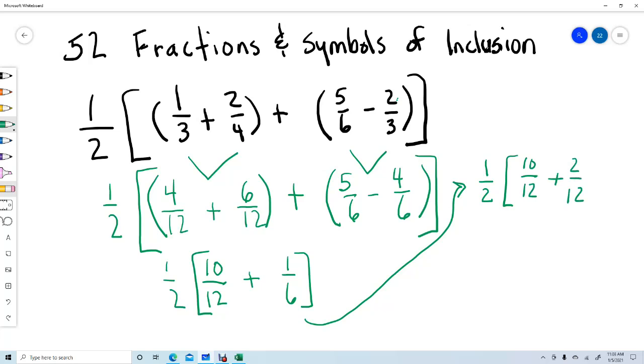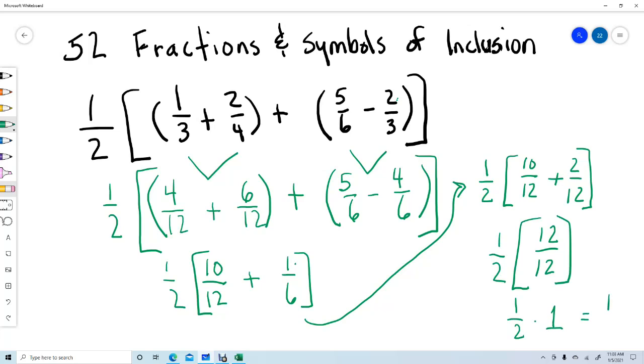I multiplied 6 by 2 to get to 12, so I have to multiply 1 by 2 as well. Okay, second to last step, 10 twelfths plus 2 twelfths. Oh, how about that? I actually didn't work this first. I just made it up. It comes out to 12 twelfths, and we all know what that is. So this is actually going to be 1/2 times the number 1, and that's just going to be 1/2.